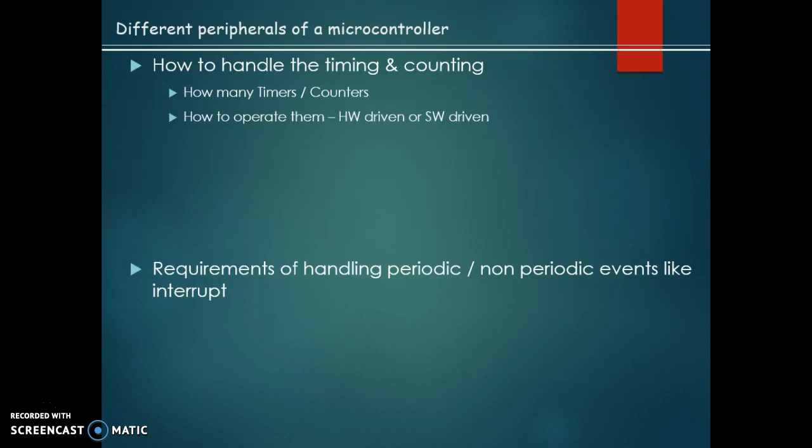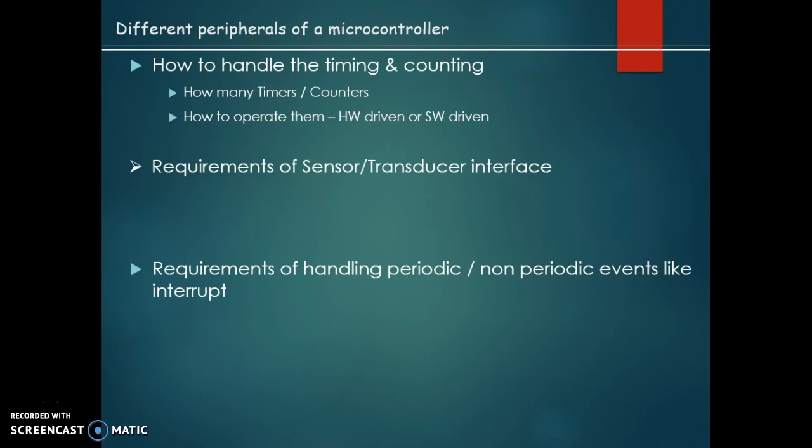Will they be hardware driven, or do you want to start or stop them by a software approach? Depending upon that, you need to find a microcontroller which can match the requirement of your timers and counters.